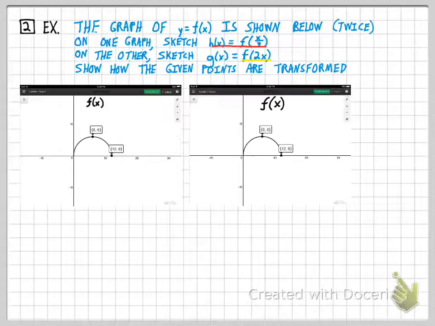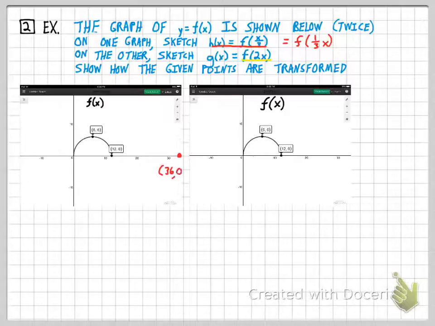So in our first example, I have a multiplier of 1/3, so you may want to view this as f of 1/3 x, just to really see that multiplier. And our multiplier is definitely less than 1, and that's going to lead to a horizontal stretch by a factor of 3. So our point (12, 0) is going to be changed, only the x changes.